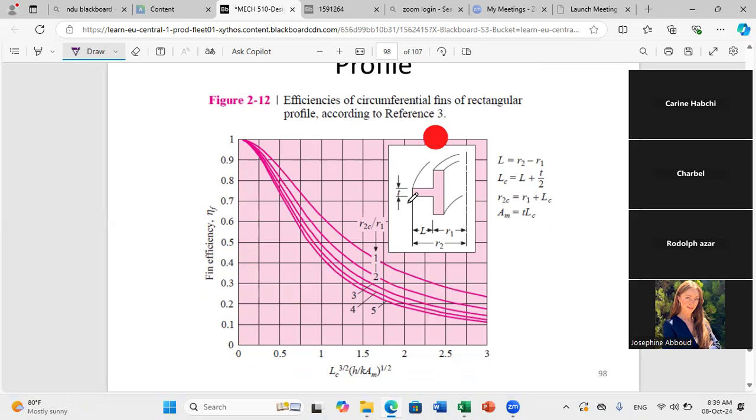Then you will be able to calculate the characteristic corrected length, and the value of R2 corrected. Then you can replace these values in the following term here in order to get the fin efficiency. After you replace these terms, you get a certain value of this parameter. Let's say it's 2, for example.